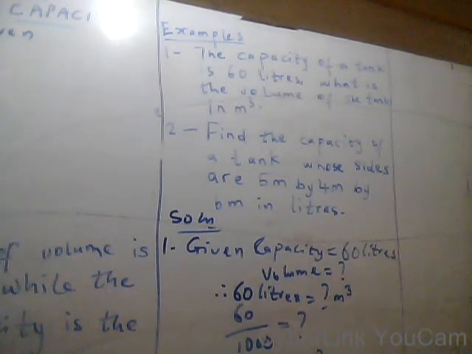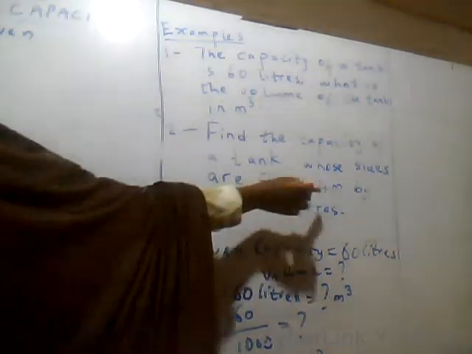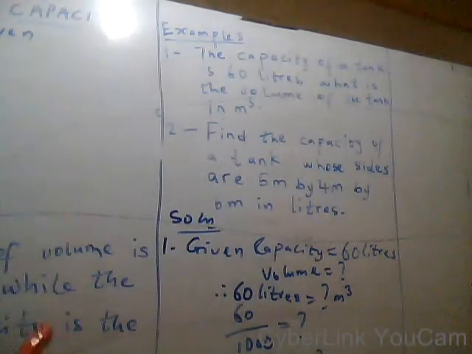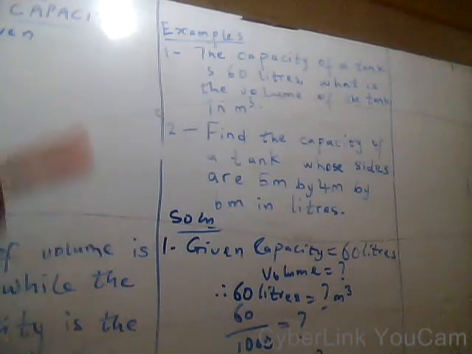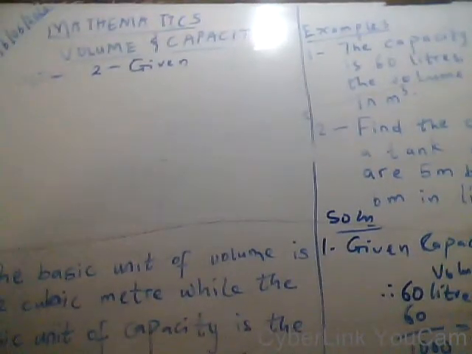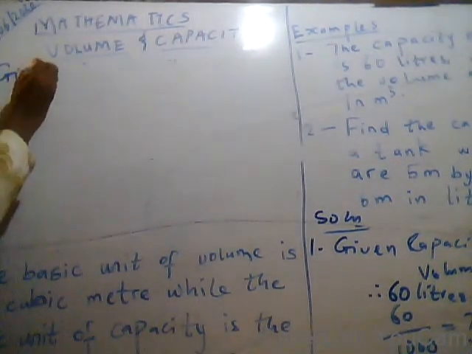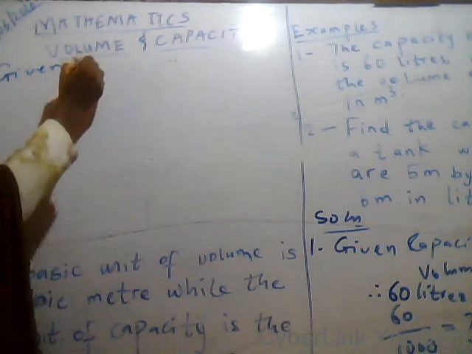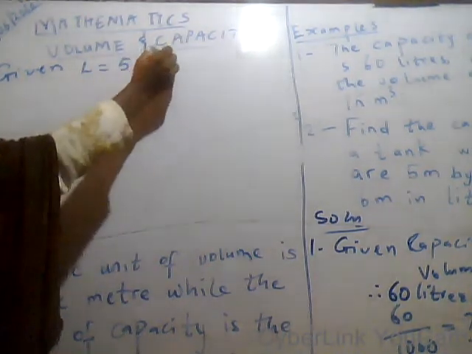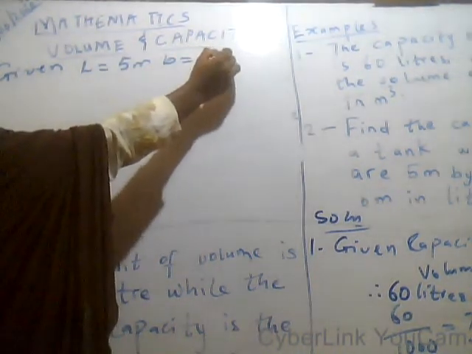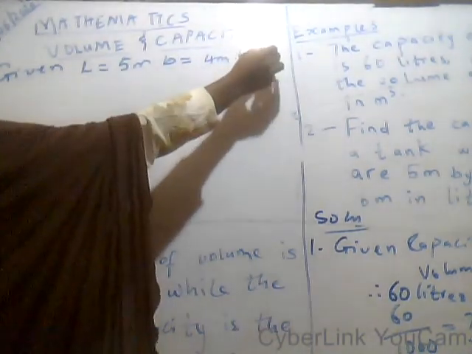But we have been given the appropriate apparatus to do that, which are the length, the breadth, and the height. Remember the formula for finding volume of a cube and cuboid: length times breadth times height. Now let's continue. We are given our length to be 5 meter, our breadth to be 4 meter, and our height to be 6 meter.